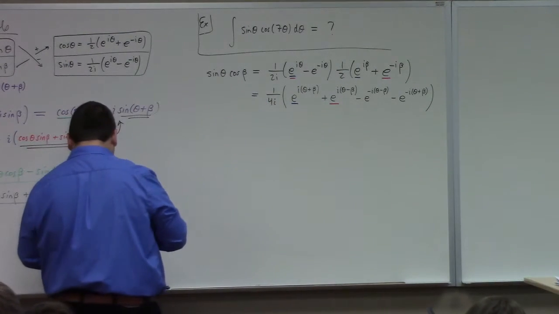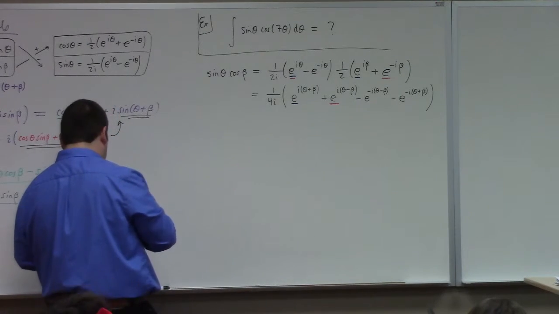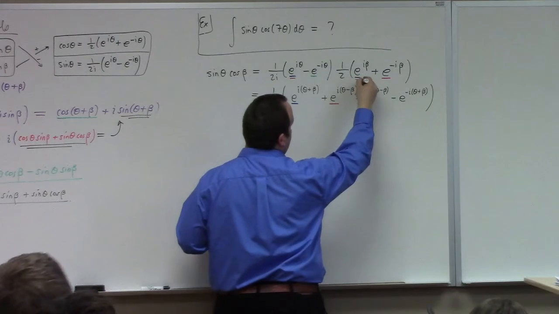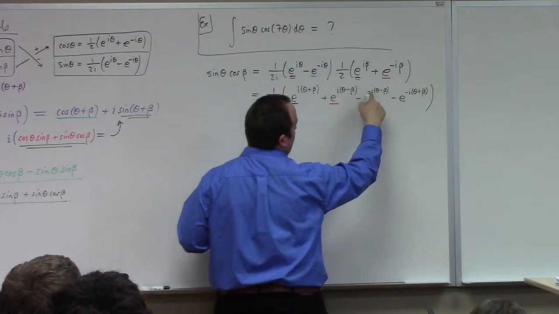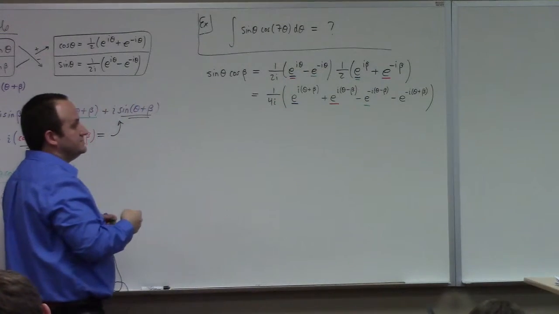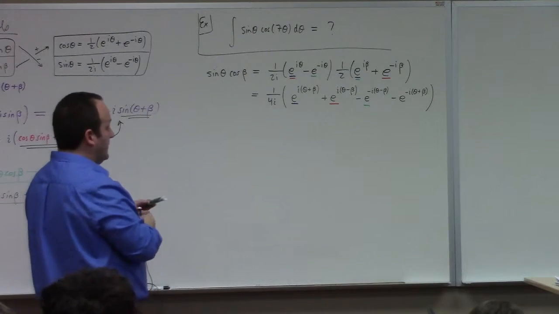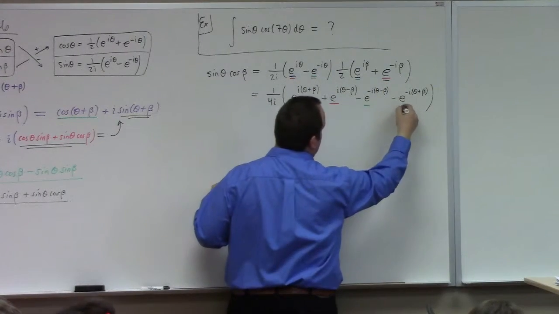How about the product of this one times this one? It gives me that, because I've got a minus theta and a plus beta, but minus minus is plus. And then, of course, the last one is the product of the minus I theta and the minus I beta. So that's this one.